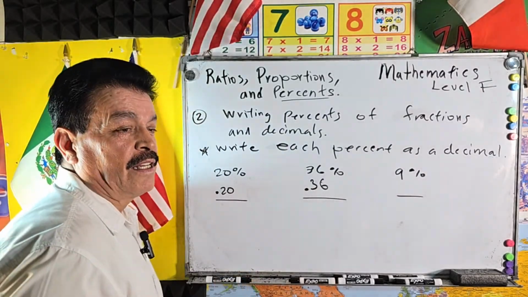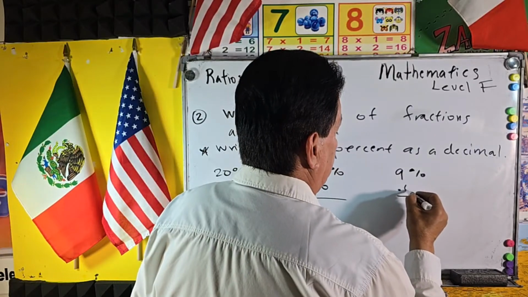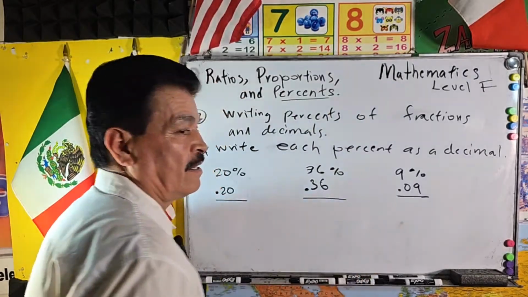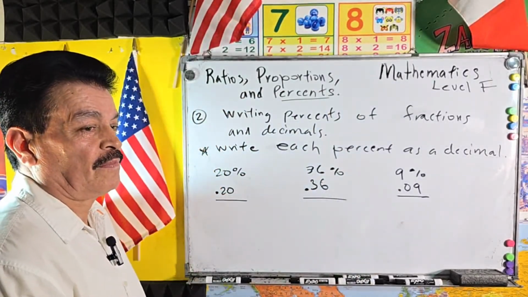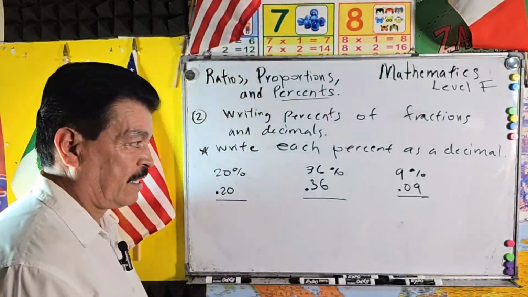And how do you write 9%? 0.09. Okay? See?